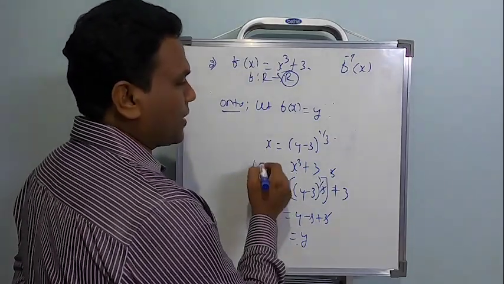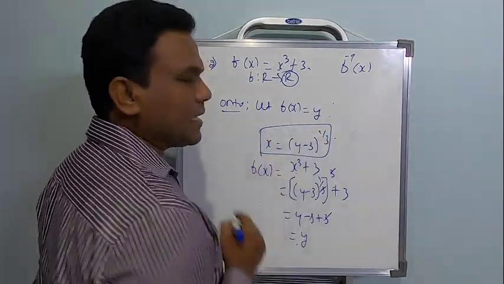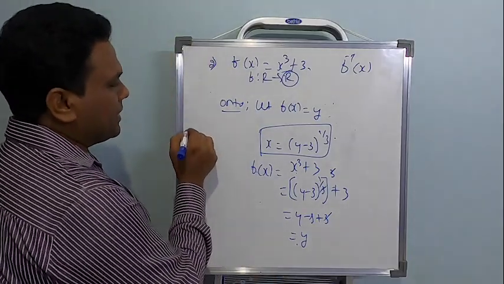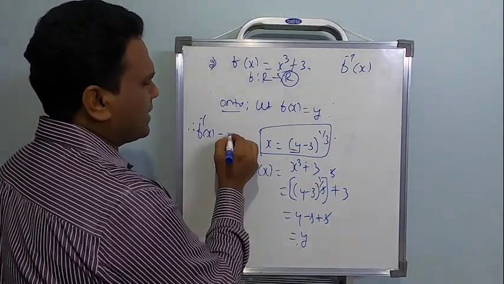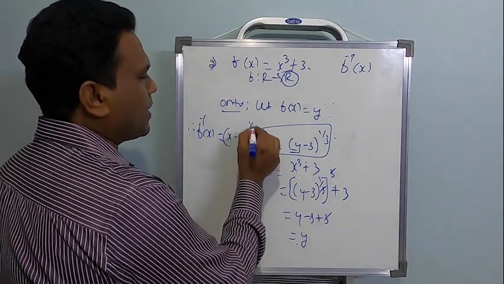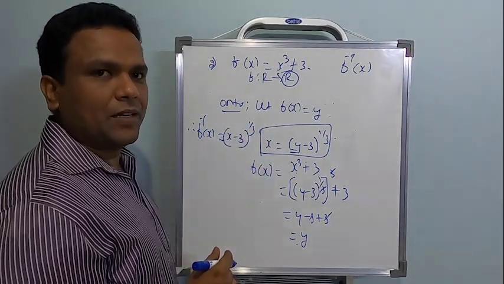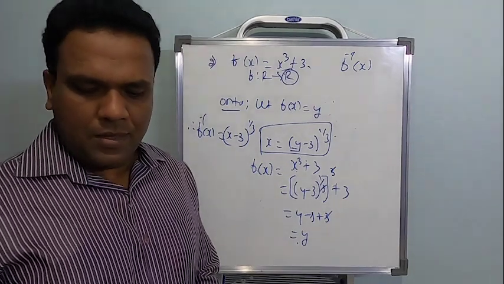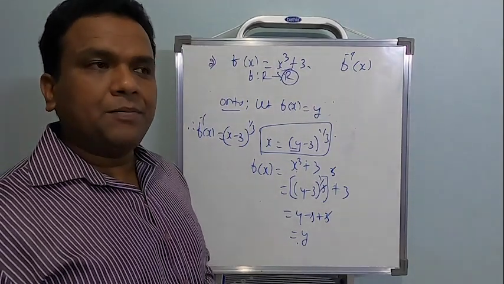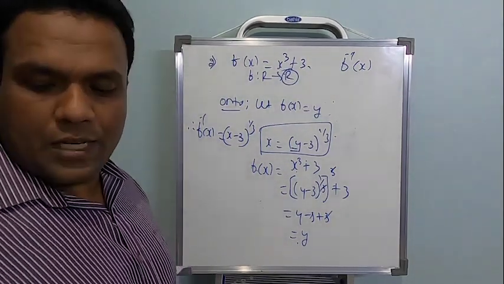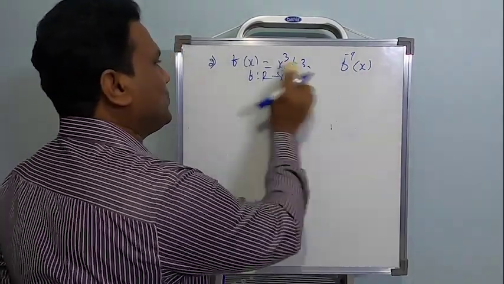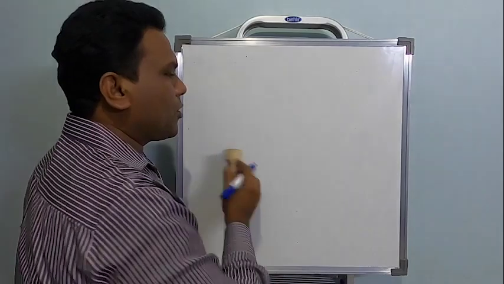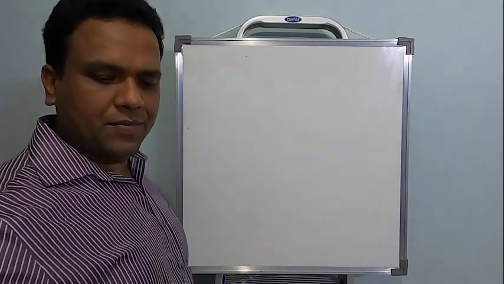So the second function that I obtained here will be called the inverse of the function. Therefore f inverse of x, in place of y you would just write x, is (x minus 3) whole power 1 by 3. Fine. Okay students, now instead of wasting time going through the illustrative examples which are being given there, I will directly teach you how to solve the problems based on inverse of a function.